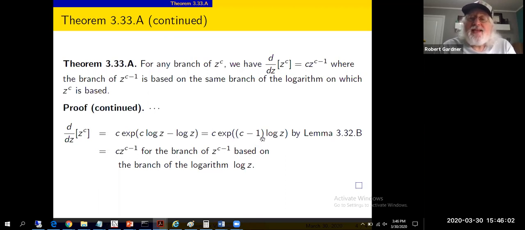We've got the exponent and the base inside a log, the pattern we had before, produces from this exponential z to the c minus 1. We've got the c out front, and sure enough, the derivative of z to the c is cz to the c minus 1. What made the story a little foggier than usual, foggier than in the real setting, is all this branch stuff. You pick a branch of the logarithm, and then you're good to go.